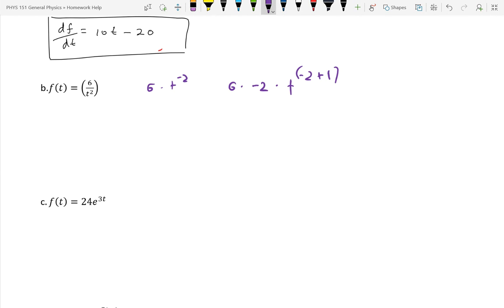Which means it should be negative 12 times t to the negative first, which means it should be negative 12 over t.